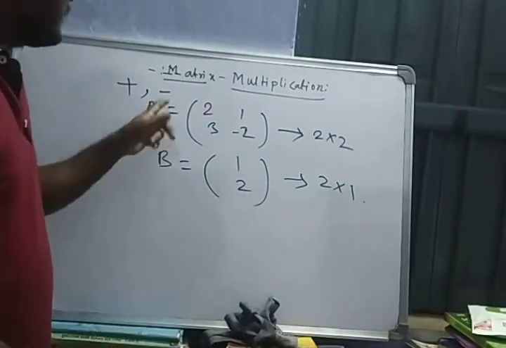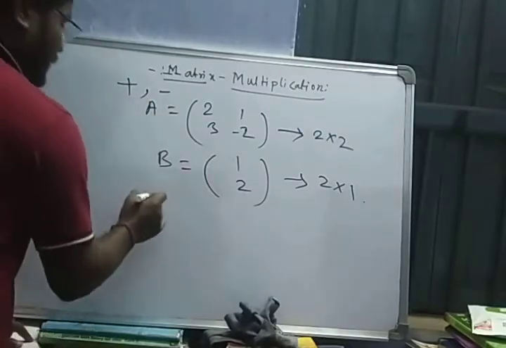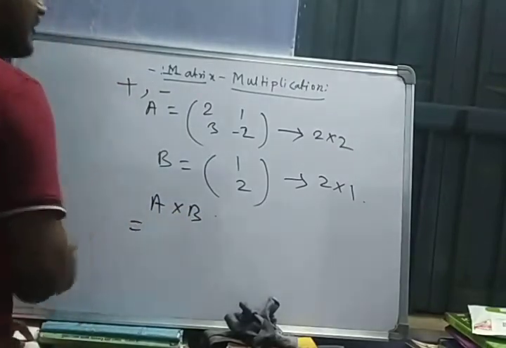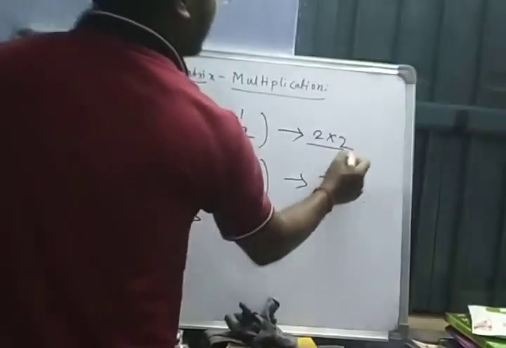Okay. The rule is, if you have to multiply A and B, then at first you will find their order.